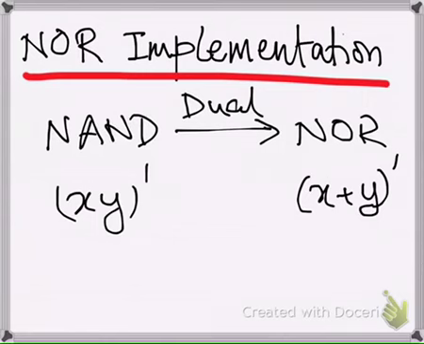Isn't this the dual? Similarly, NOR is also the dual of NAND. So you can use the same rules that we have used for NAND, and we can convert any circuit in the AND OR format into a NOR format.